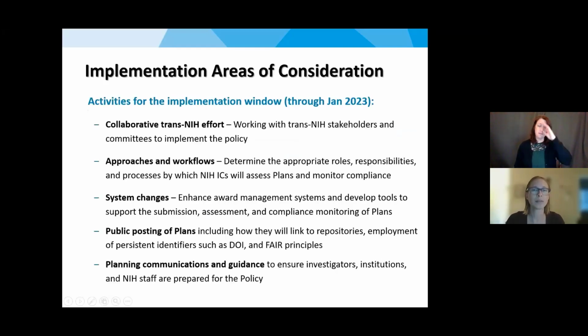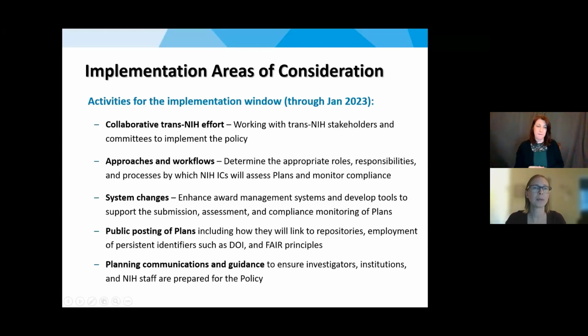We are in the midst of our implementation activities with just over a year to go before the new policy goes into effect, and I want to highlight a few areas of consideration that we are working to address. In addition to continuing to reach out to the community to understand any implementation challenges, we're also working across NIH to implement the policy in a way that will work for all types of science, all institutes and centers, and the NIH staff and external organizations who will all have roles to play related to data management and sharing.